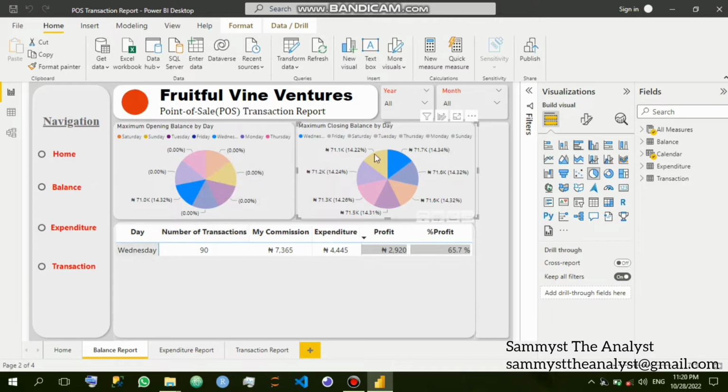So when I click here, which signifies Wednesday, the visual here, which is a table, also changed to show me the number of transactions that was done on a Wednesday, the total commission the company got on a Wednesday, the total expenditures that were incurred on the Wednesday, and then the profit and the profit percent. So that is the power of a responsive visualization.